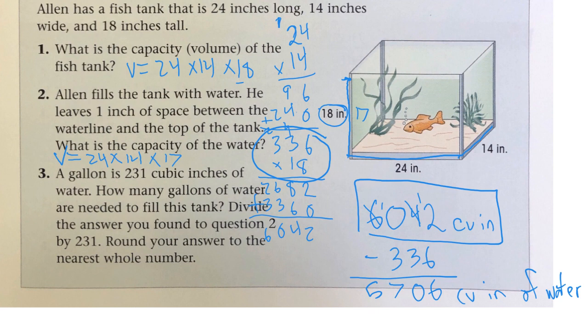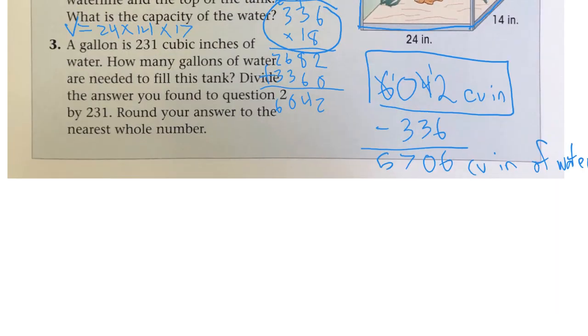So for number 3, it's just giving us a number. It's saying that 231 cubic inches is what a gallon of water takes up in space. So if we had a gallon in a bucket of water and we poured it into that fish tank, how many buckets of a gallon each would it take to fill it up?